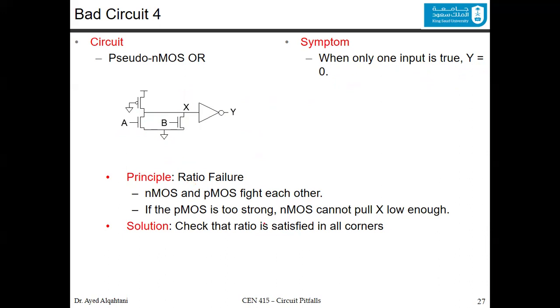If the PMOS is too strong, NMOS cannot pull X low enough, and this way you don't have Y equal to 1. The solution: make sure you get the right ratio, meaning the right sizing. We talked about the sizing before and how to do it to make sure that the pseudo NMOS works correctly.